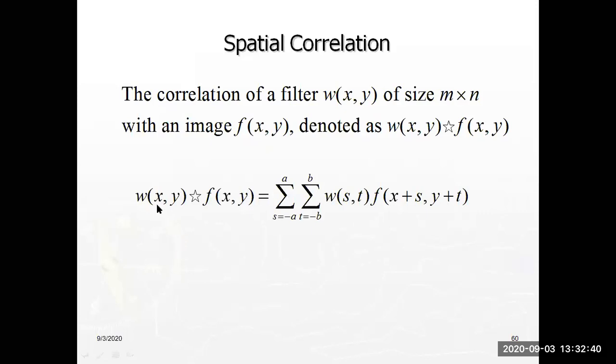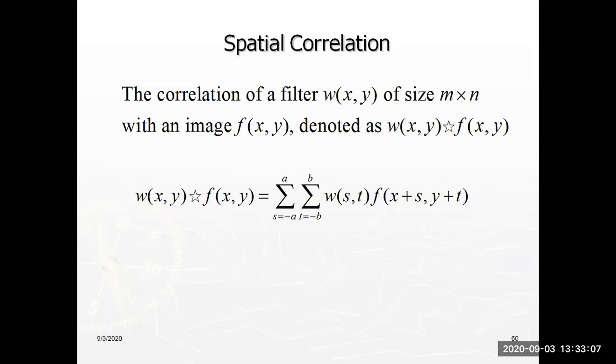Let us consider that the window is also a small image, the f of x comma y image size is capital M, and the w of x comma y image size is small m. Of course, w of x comma y star f of x comma y is equal to g of x comma y. What is g of x comma y? The image after filtering, the output image, is called g of x comma y.